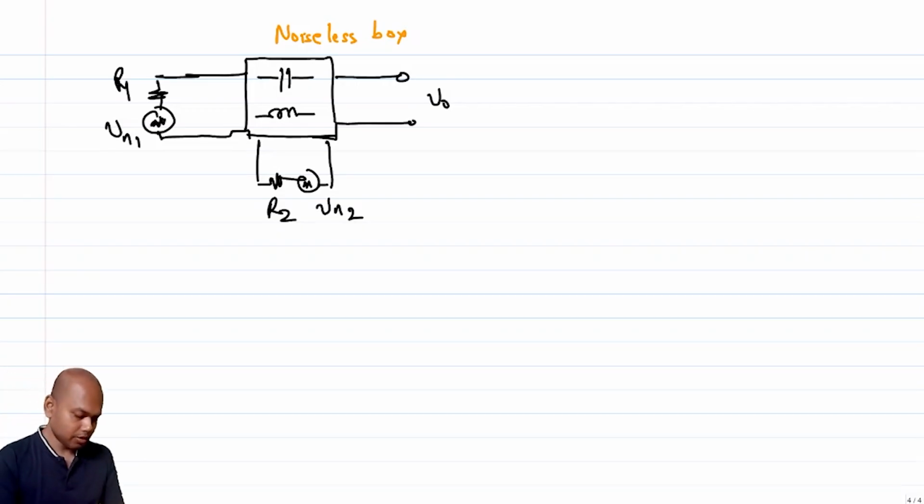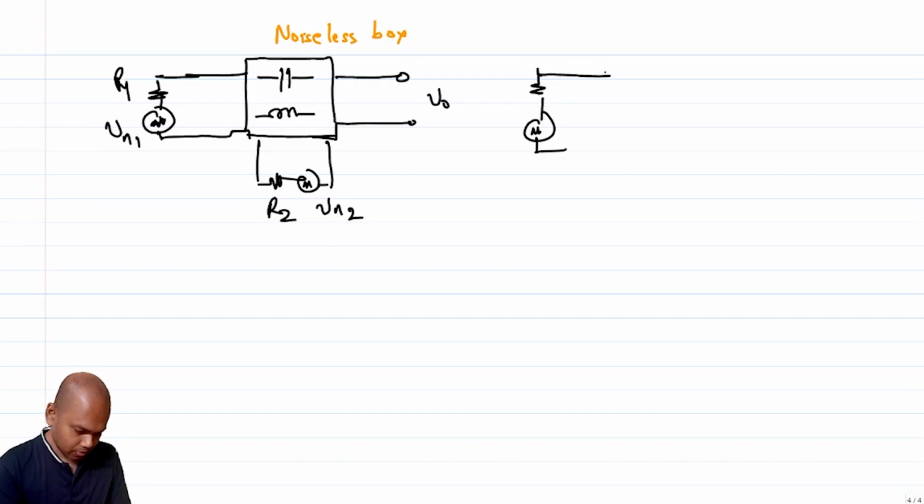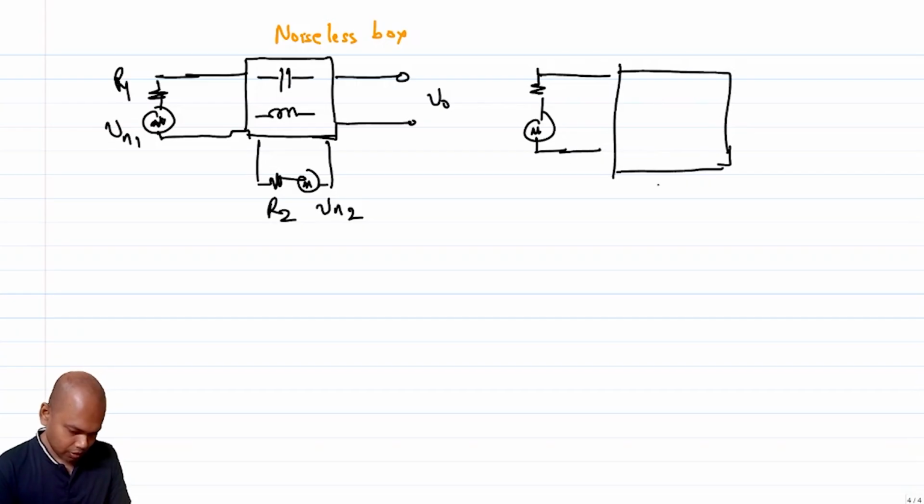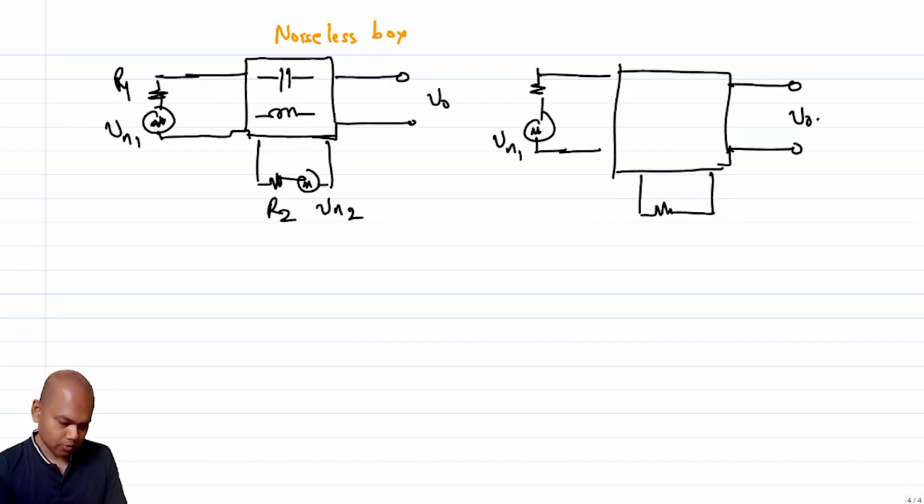I'll basically find out, again using superposition, the transfer function from the noise port to the output port by desensitizing the other noise source.